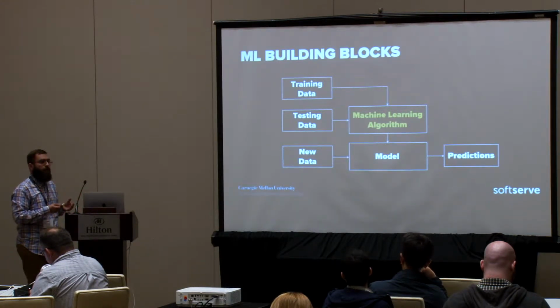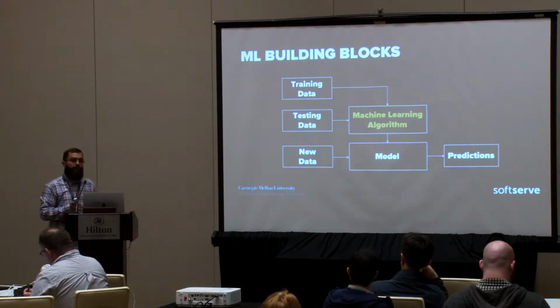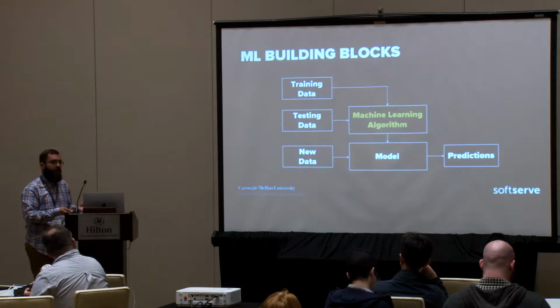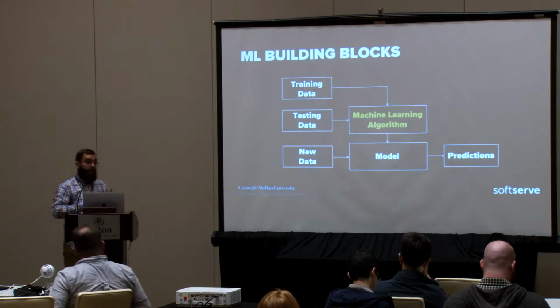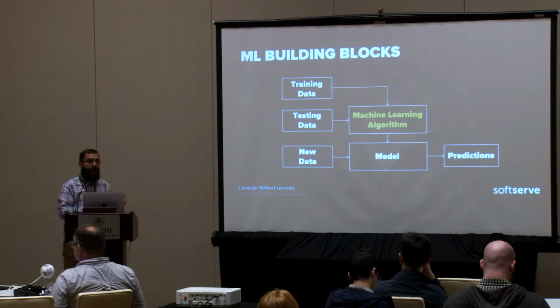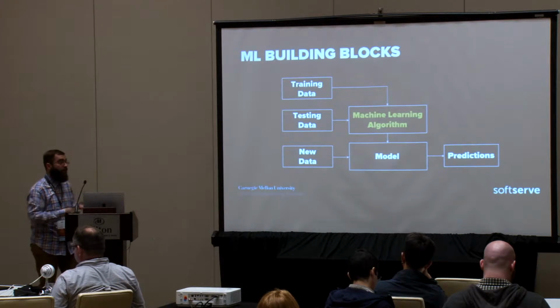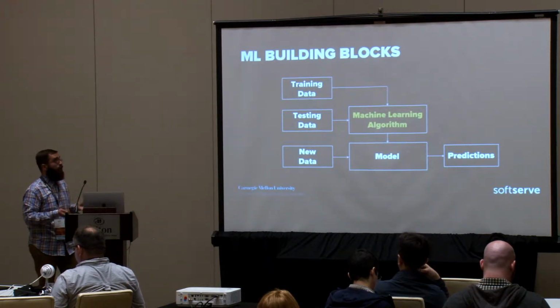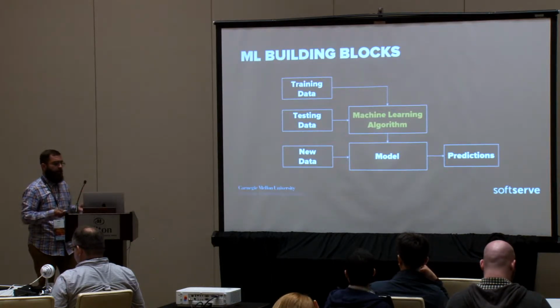That is a very important trick that we use in machine learning, because our goal is not to memorize the data. We want to extract some general knowledge about the problem so that we can apply this knowledge to new data of the same nature. So we try to simulate this circumstance by dividing our historical data set into two subsets.